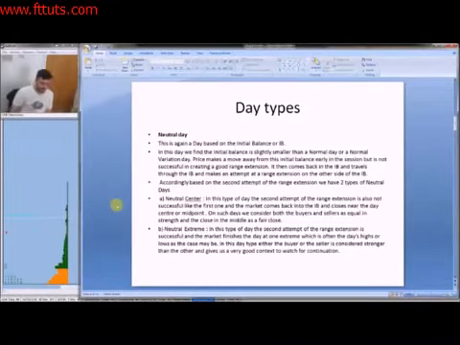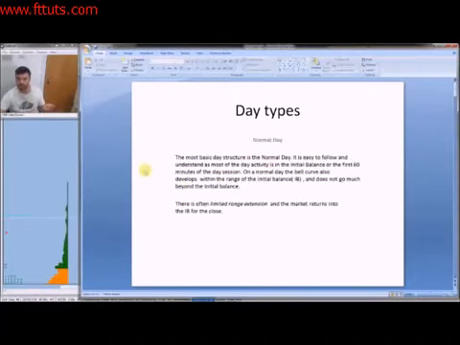The IB, in terms of what you're looking for, tends to be relatively small, not quite as small as on a trend day, but it's not as wide, of course, as your previous days. When we were talking about our normal days, we're talking about an incredibly wide initial balance.